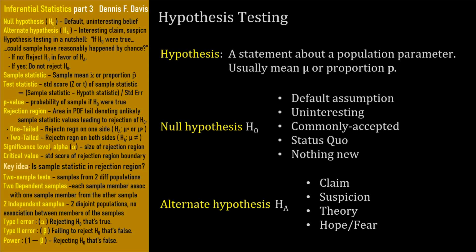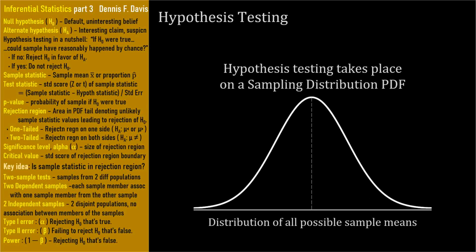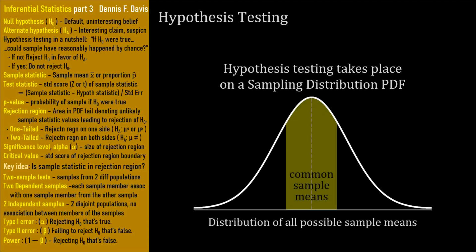First, I want you to see where we're going because that can often make the journey more rewarding and less mysterious. Hypothesis testing takes place on a PDF of a sampling distribution. The sampling distribution, remember, is the distribution of all possible sample means.